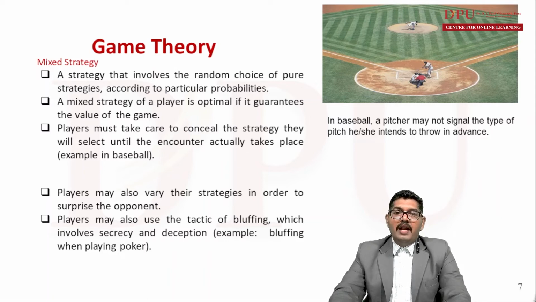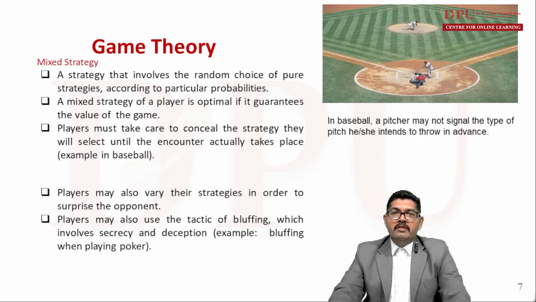A mixed strategy of a player is optimal if it guarantees the value of the game. Players must take care to conceal the strategy they will select until the encounter actually takes place. An example is baseball. A pitcher may not signal the type of pitch she is going to throw in advance. So this is a mixed strategy game.